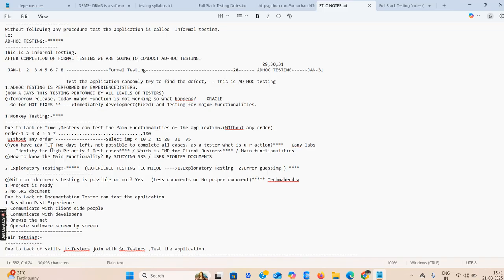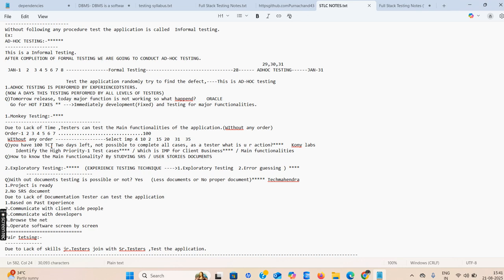Identify the high severity and high priority test cases first, the ones important for the client's business or the major functionality. That is the answer. How do we know the main functionality? By studying the SRS document or the user story documents.